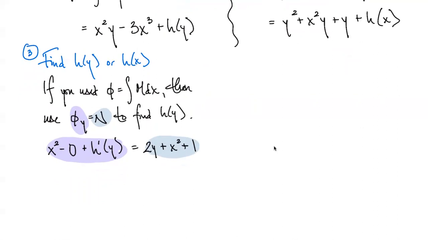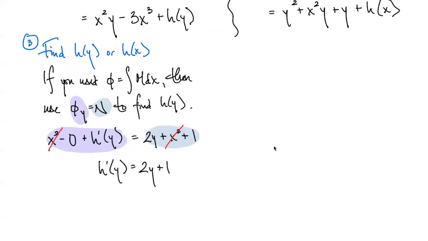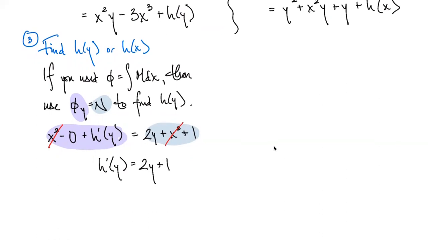Okay, so notice that we can go ahead and subtract x squared from both sides, and we end up with h prime of y equals 2y plus 1. Well, we don't want h prime of y, we want h of y. Turns out we can go ahead and integrate now.